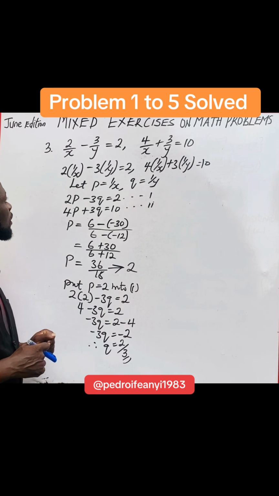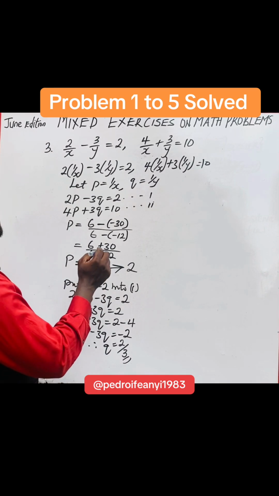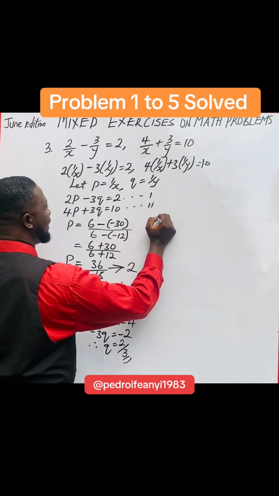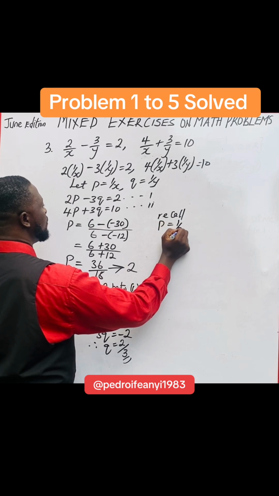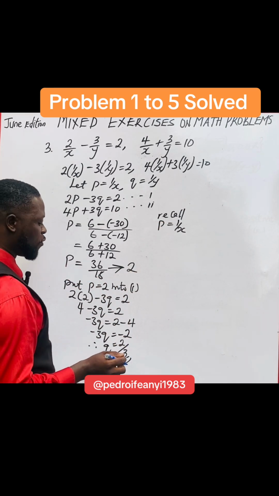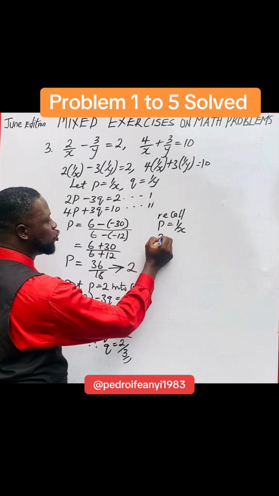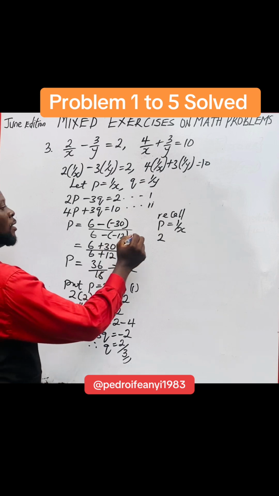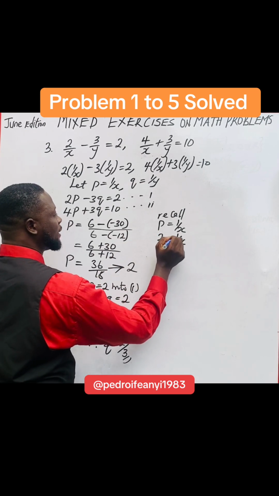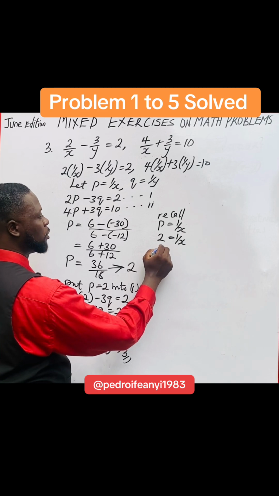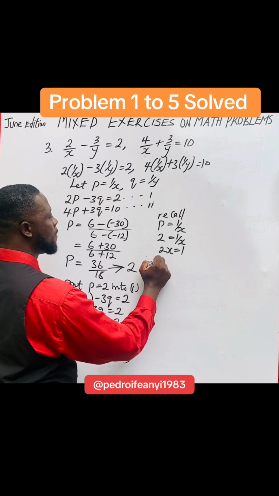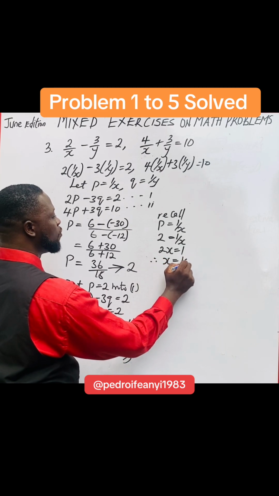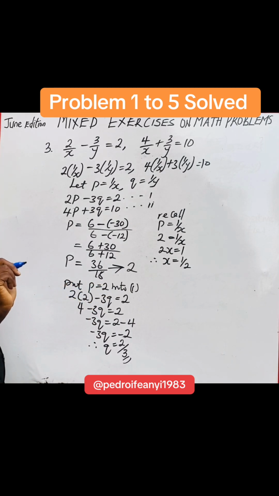Recall that p is equal to 1 over x. So if the value of p is 2, then 2 is equal to 1 over x. Cross multiply, you have 2x equal to 1. Therefore, x is 1 over 2.